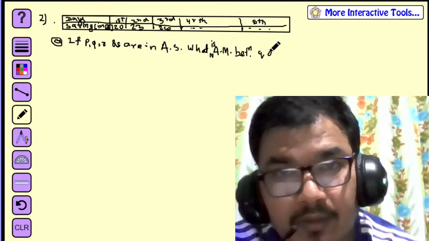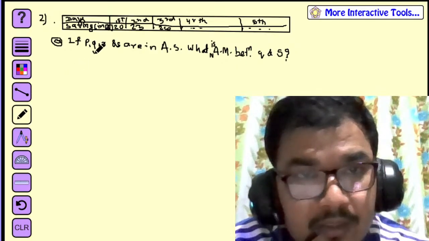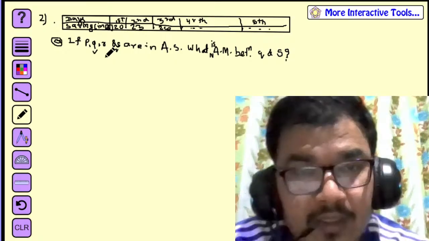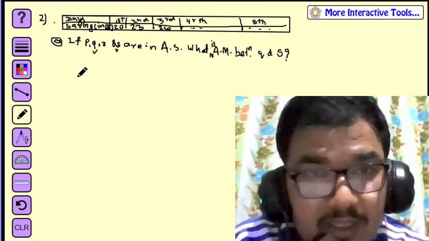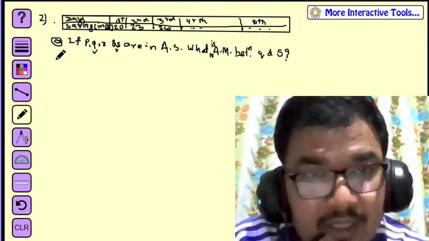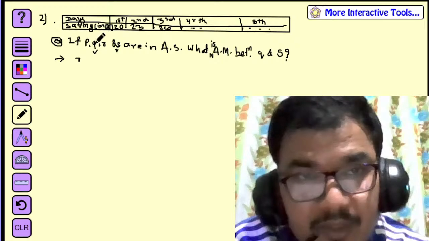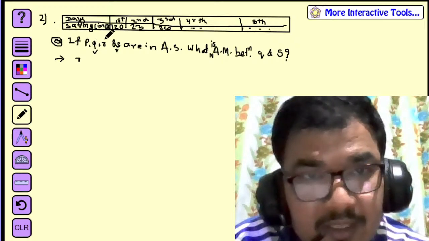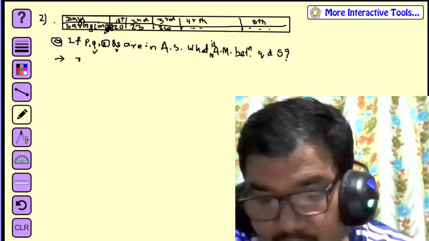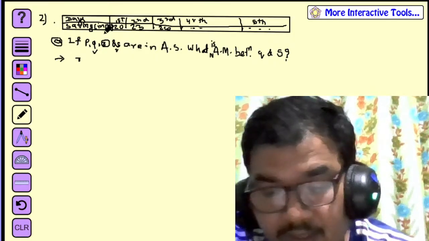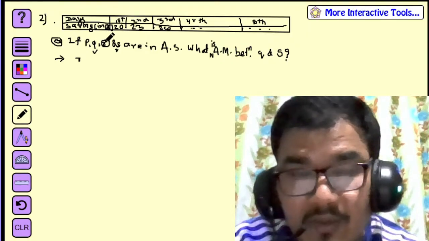This is Q and this is S, and the arithmetic mean between Q and S is R. Its answer is R, the middle value between the two. R is the arithmetic mean.